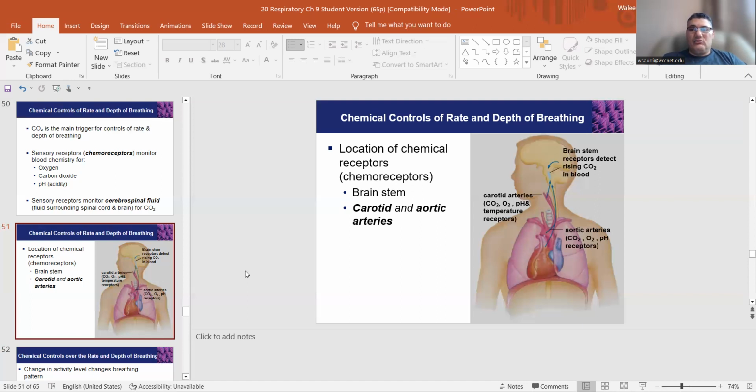Chemoreceptors. Chemo, why? Because they detect chemical changes. What the chemical changes? Most importantly, carbon dioxide, but also oxygen and pH. It detected and sent the signal, as you see here, send the signal to the respiratory system in the brainstem.